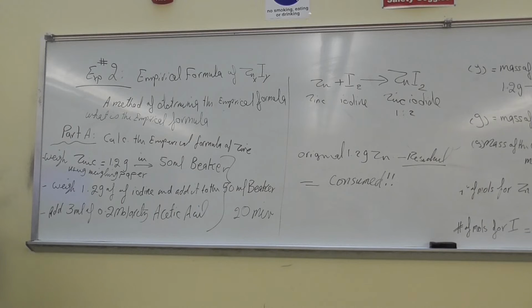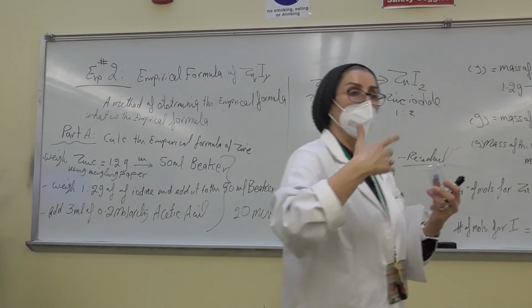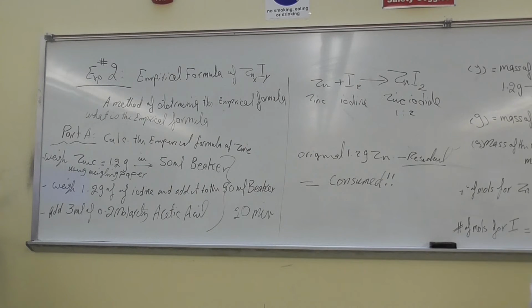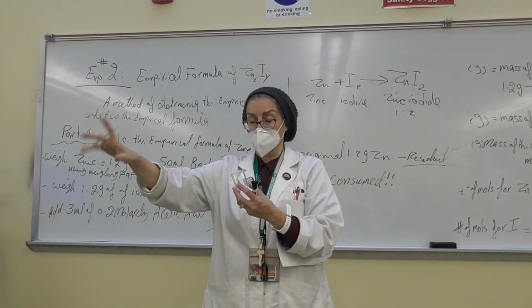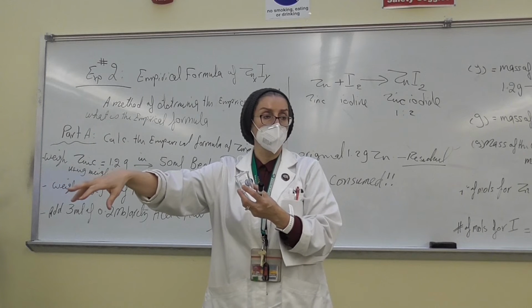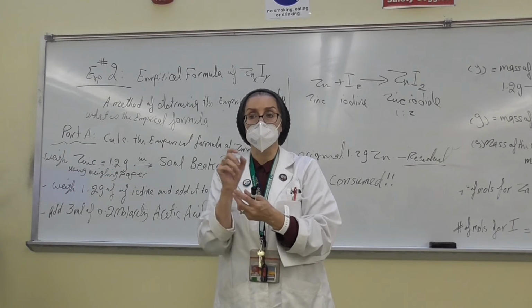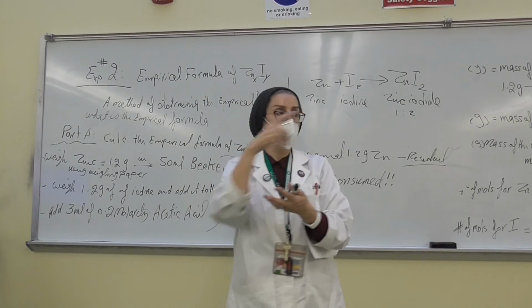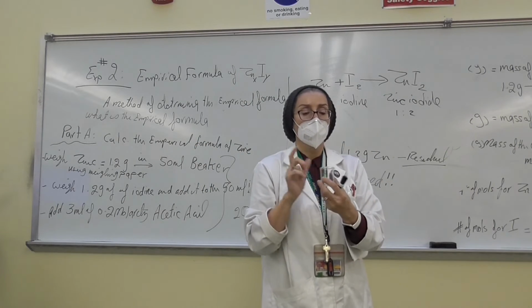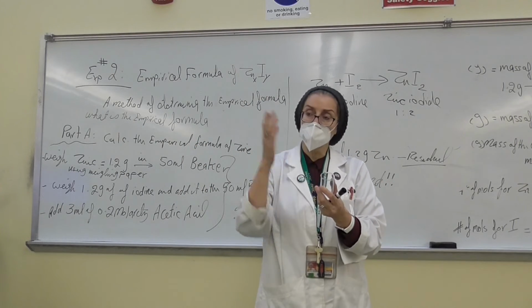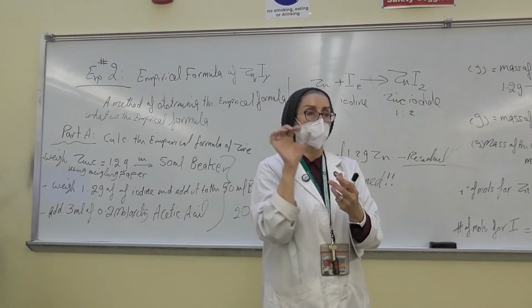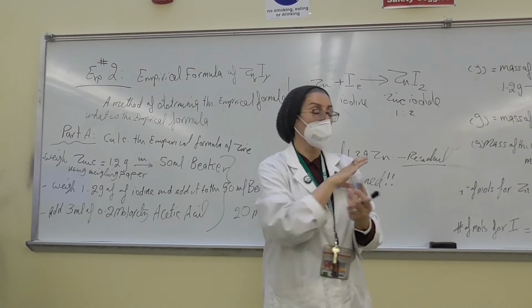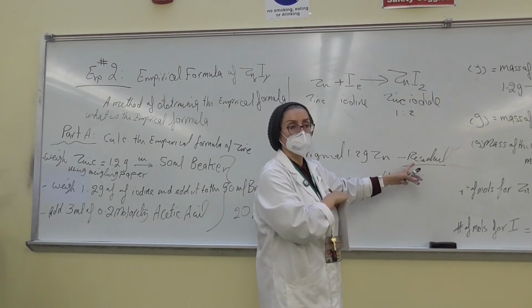That will take off any solution, any water that we have there, okay? Make sure that it is dry. After it dries, you put it on the bench and make sure it cools down. Then you're going to weigh it. When you weigh it, it is the beaker plus the residual, right? You have to subtract the beaker weight, and that will give you the residual.